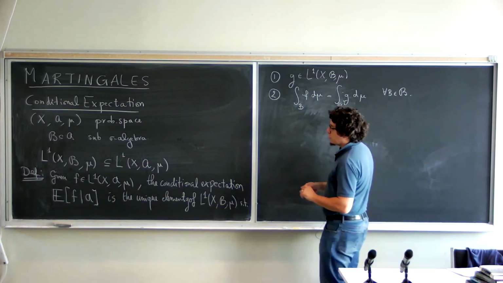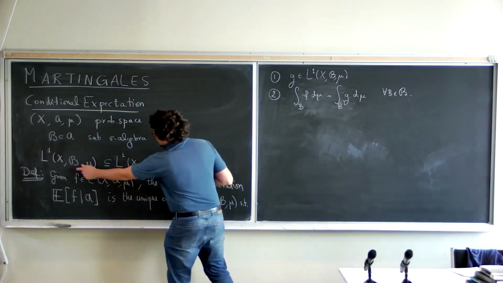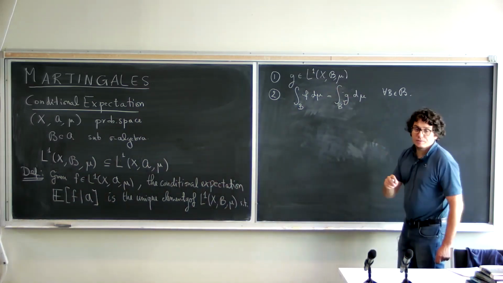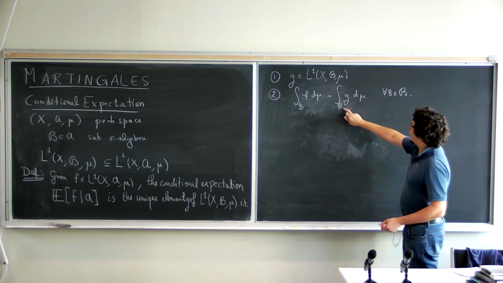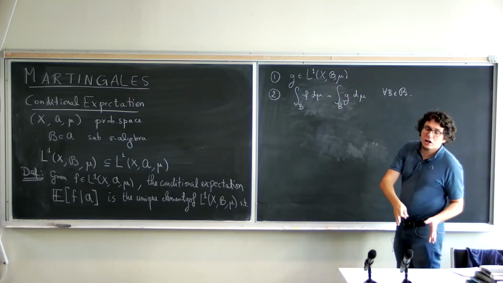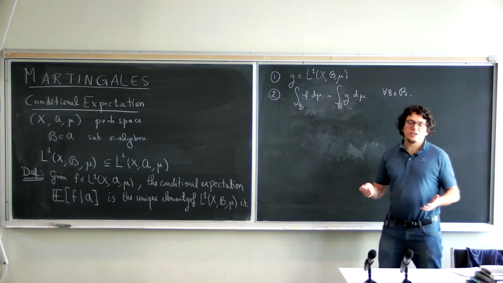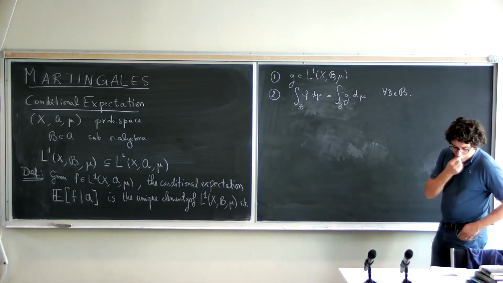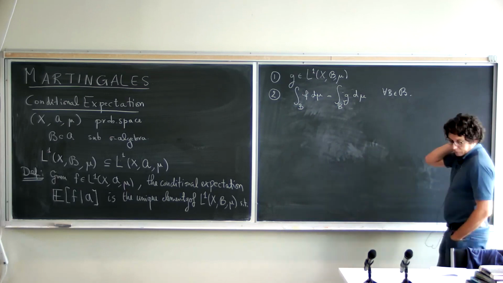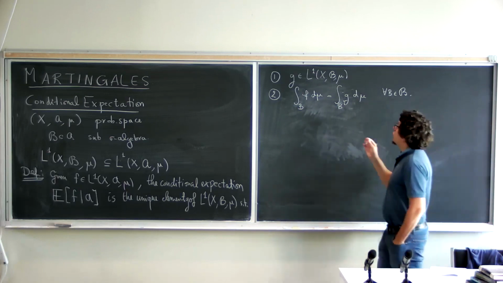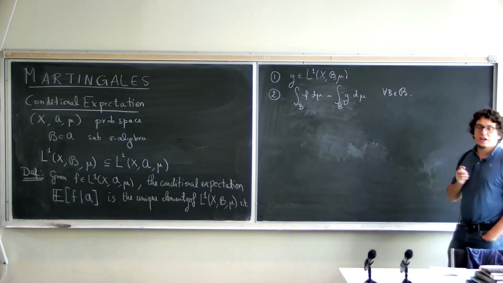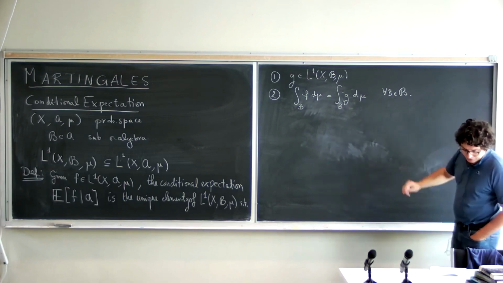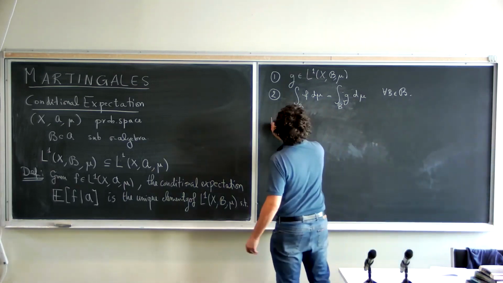You find a new element in this space that is measurable with respect to the smaller sigma algebra, and also, whenever you take a test set which is in the smaller algebra, the average is the same. Okay? So this is the statement. The existence of this is not really that easy to show, but we will take the existence for granted.